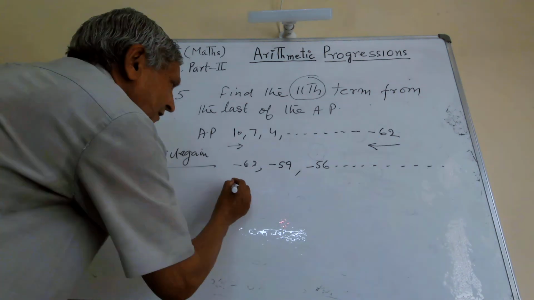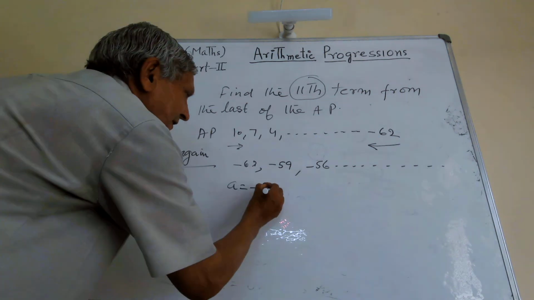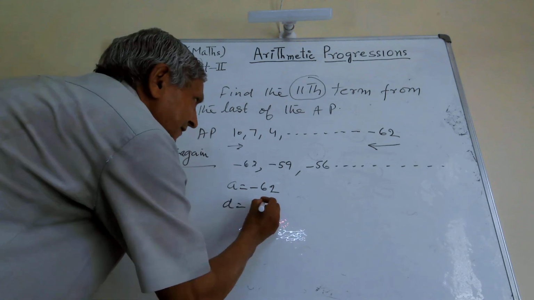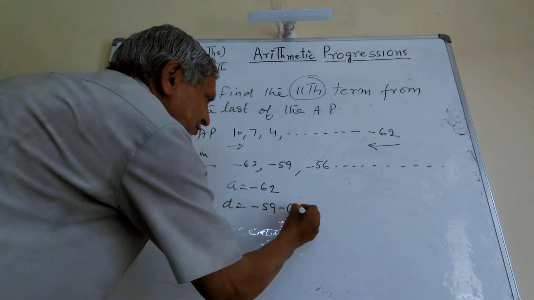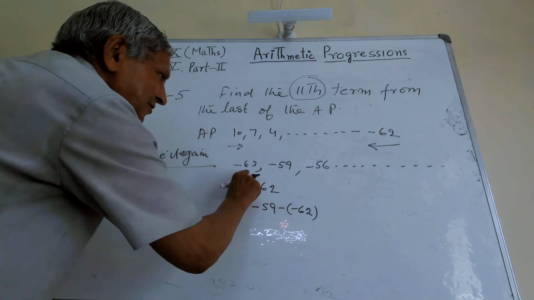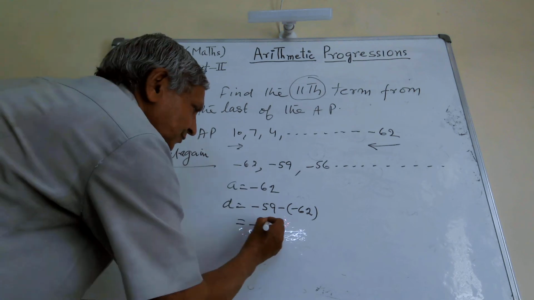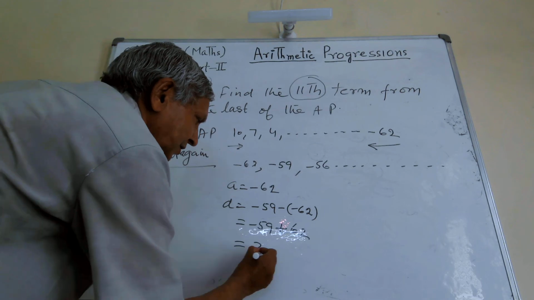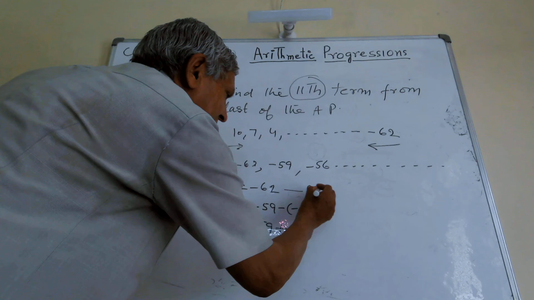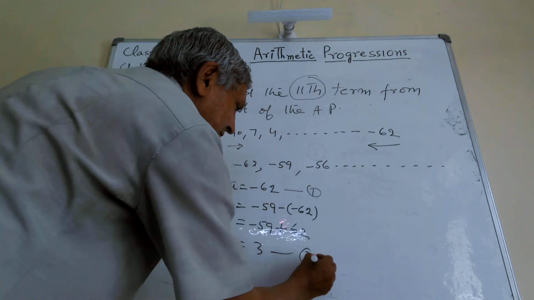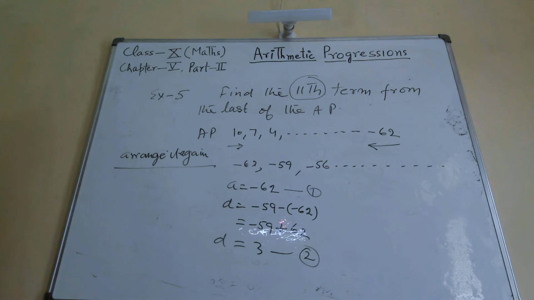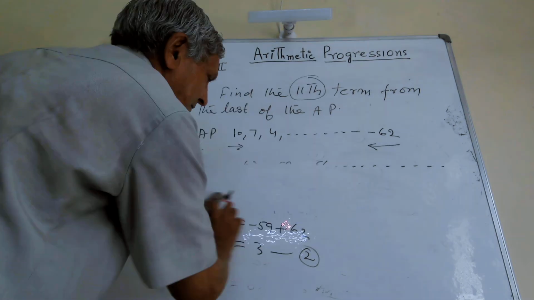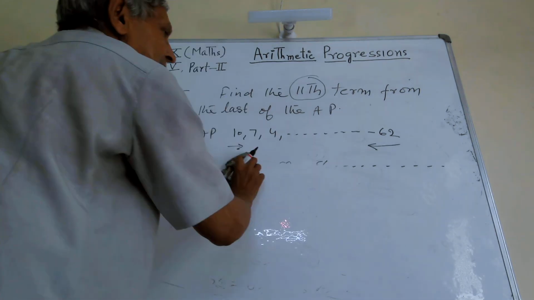Now here A is equal to minus 62. As I have said, first of all find A and D. D is equal to minus 59 minus minus 62, that is A2 minus A1, which is minus 59 plus 62, so D is equal to 3. A is equal to this and D is equal to this. Now apply the formula to find the 11th term.